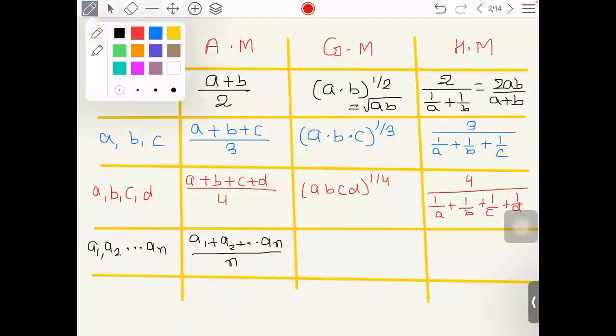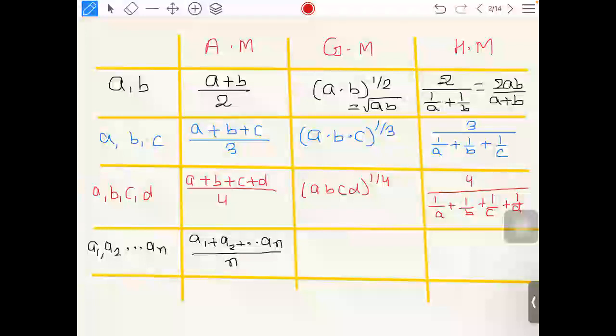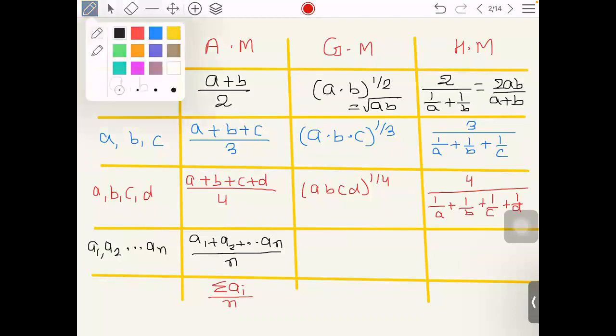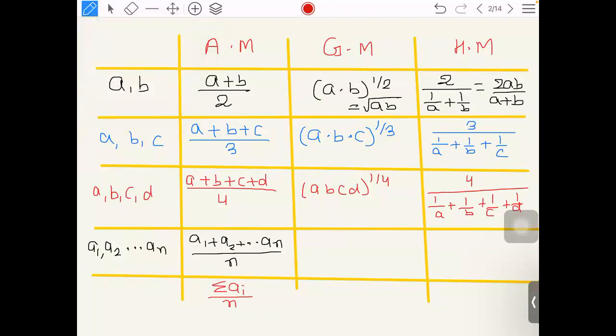This can also be written as sigma AI by n. The GM of these n terms is given by the product of the terms A1, A2, up to AN, raised to 1 by n.